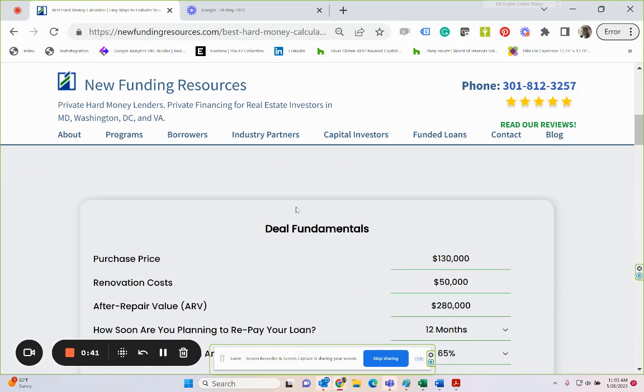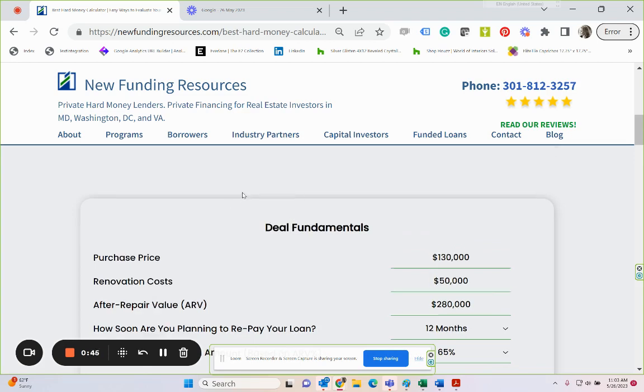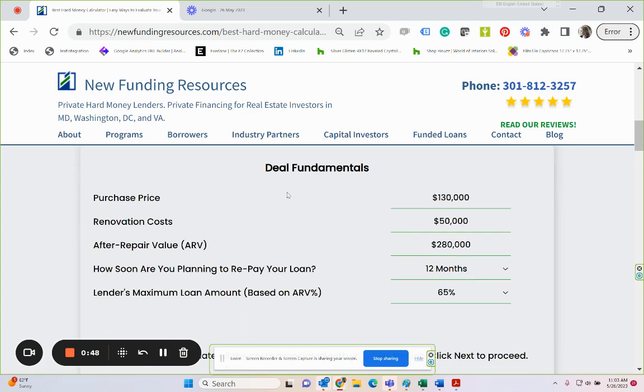So in this section, which is the first and the most important section of the calculator, you put in your deal fundamentals, which we always know, right? It's a purchase price, it's your renovation costs, and it's your after repair value. So let's make a little bit of adjustments here just to have fun.